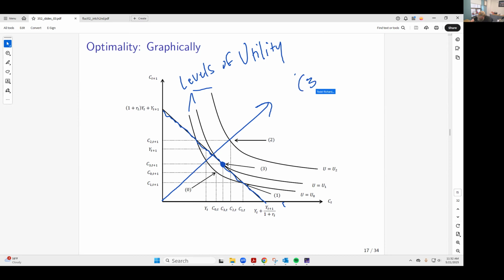So point 3 is optimal, and it is optimal in particular because the marginal rate of substitution, which is just the slope of the indifference curves, is equal to the price ratio. Excuse me, I'm thinking about typical utility functions, right?